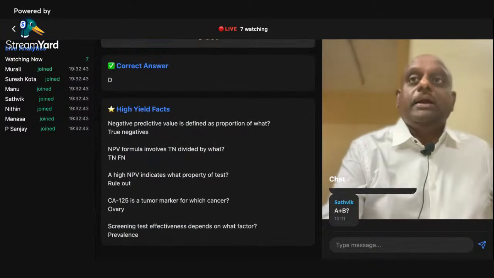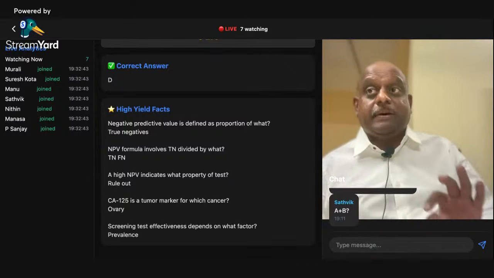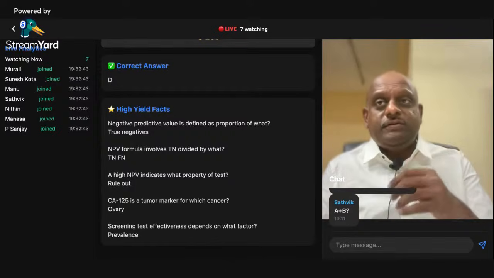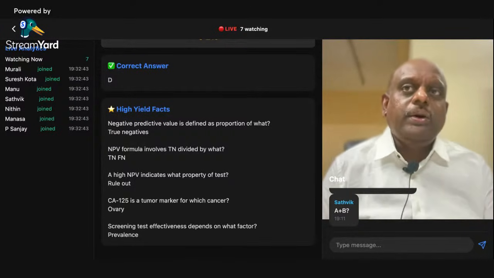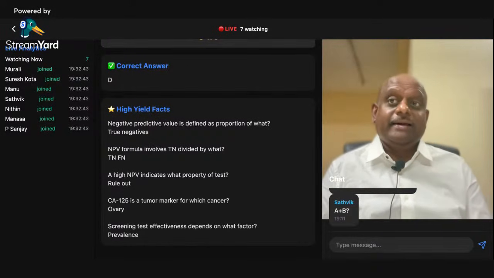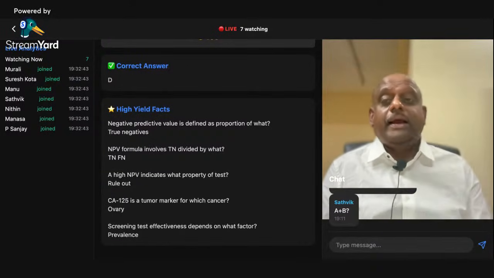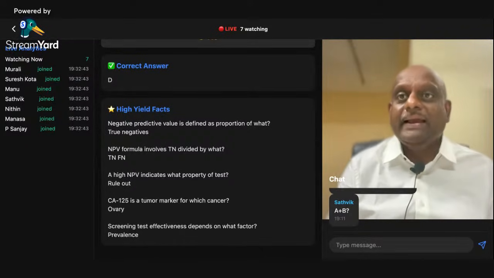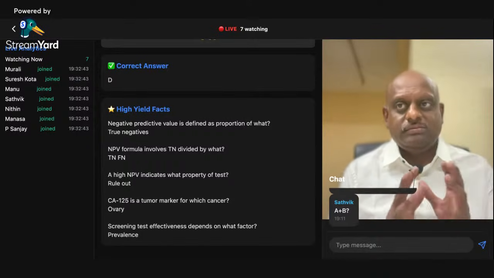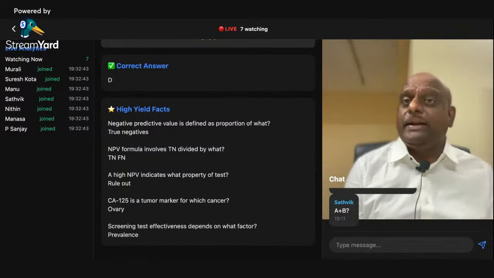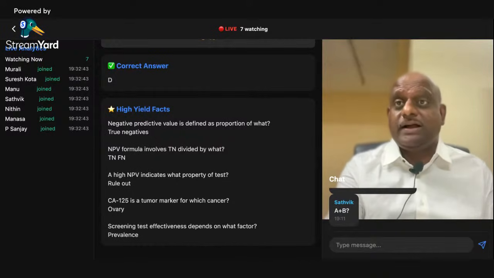So, negative predictive is defined as the proportion of true negatives. True negatives divided by true negatives plus false negatives, all negatives. And a high negative predictive value rules out the hypothesis. So these are the points that you need to remember. And also, a screening test mainly depends on prevalence, will decide the effectiveness of the screening test.